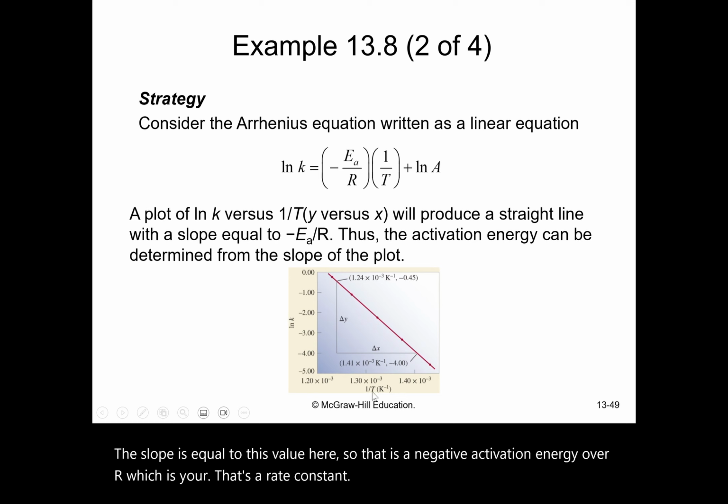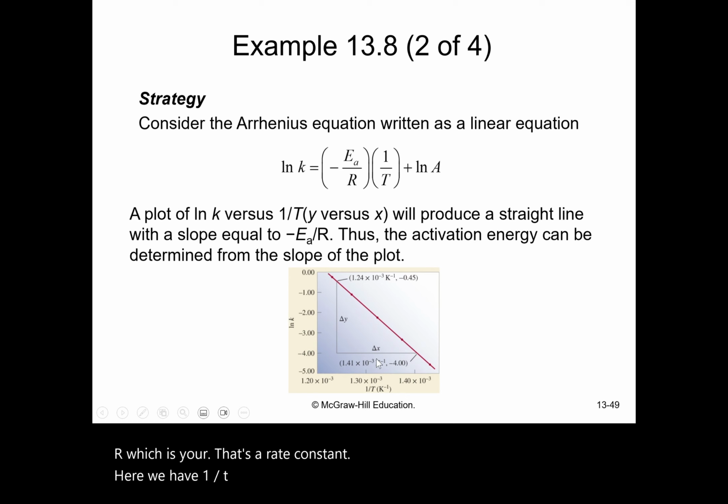Here we have 1 over T, so we can get this value, and we can get this value from the graph, and we can calculate the activation energy from the slope.